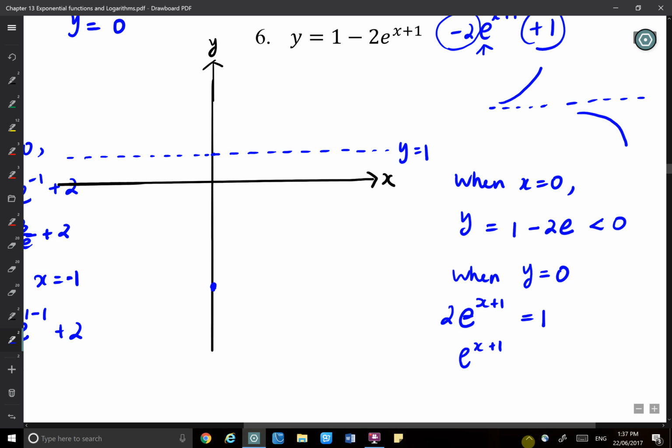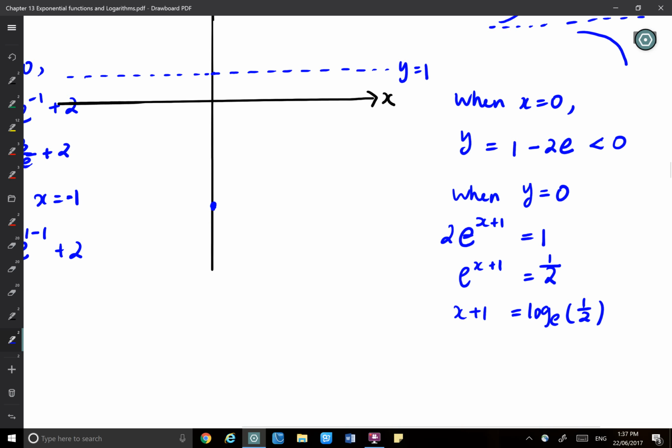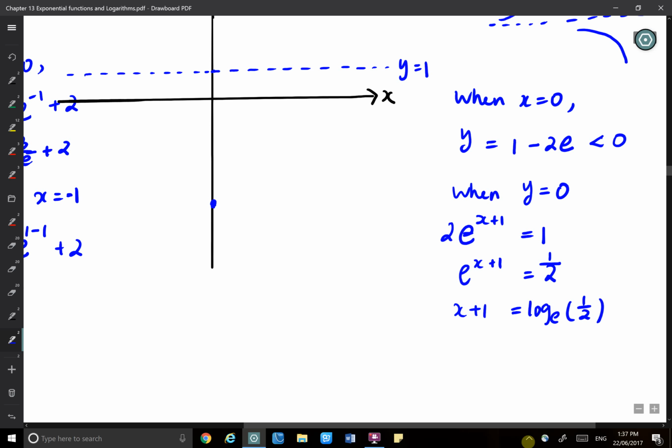So e^(x+1) equals 1/2. And then x+1 equals log_e of a half. That's what you learned in Year 10, the last term. And I can say that x equals minus 1 plus log_e of a half.